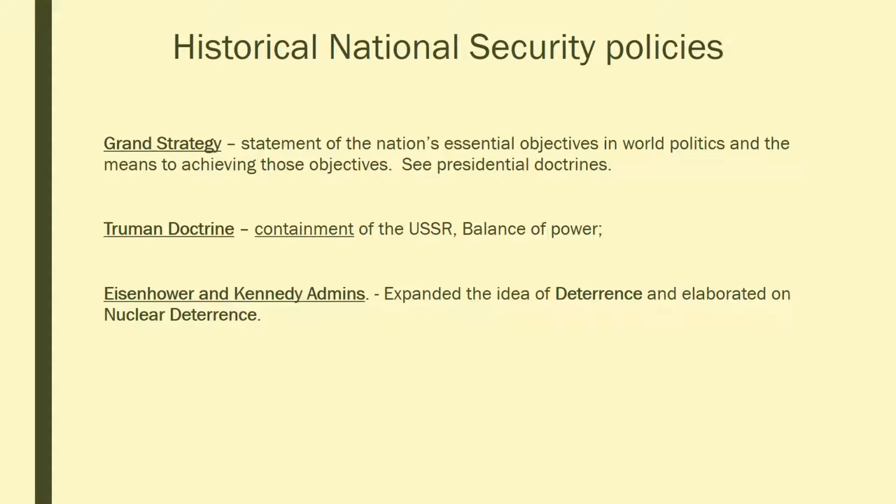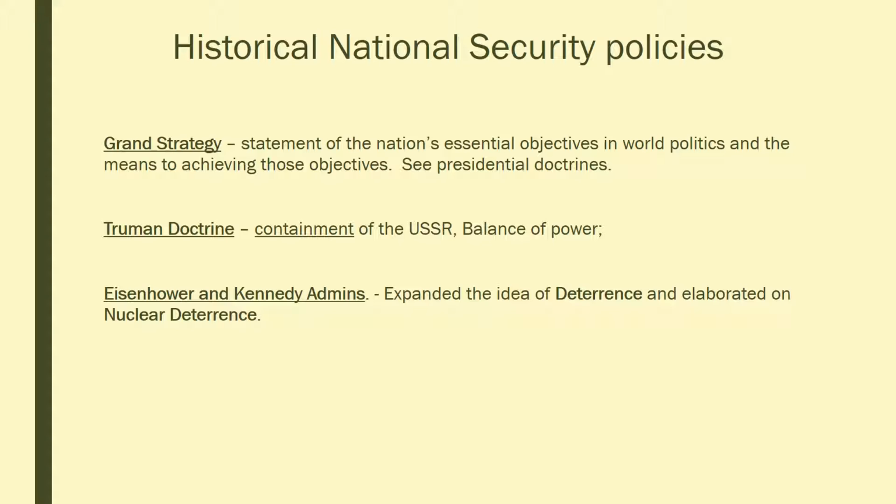And so, hopefully, you remember from the Truman Doctrine through the Reagan administration, our major national security policy was the containment of the Soviet Union and containing their power from the Truman administration through the Reagan administration meant to balance against the power of the next most powerful nation state, which was the Soviet Union and of course also its allies.